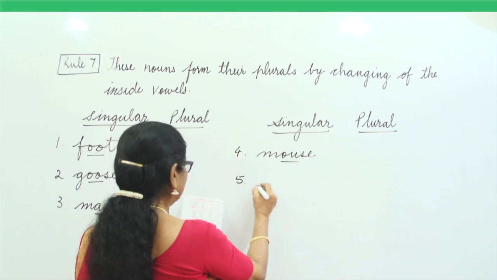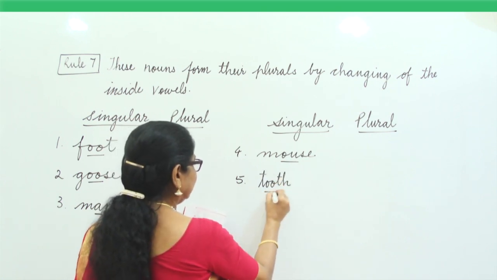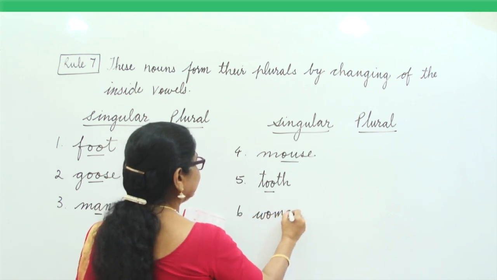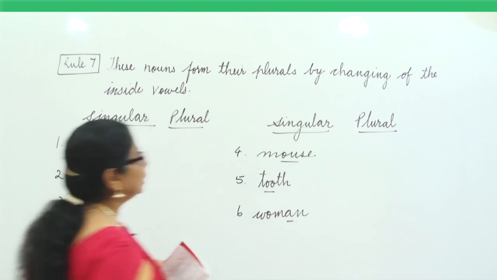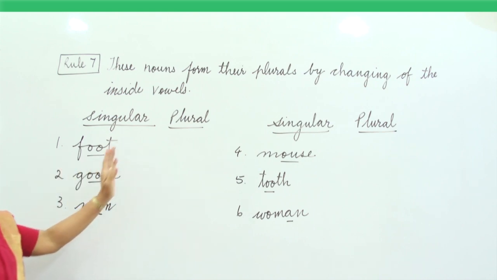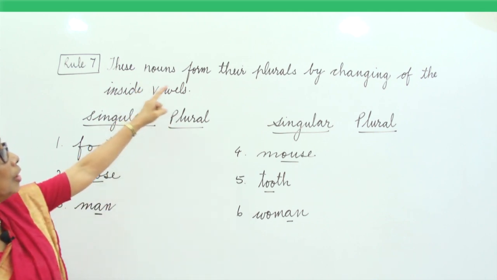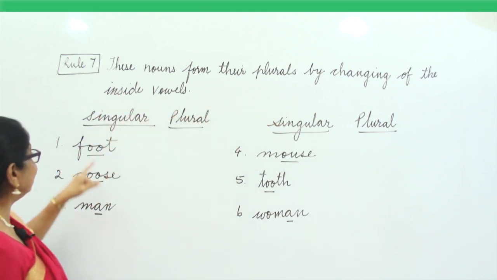Then tooth. And finally, we have woman. Okay? Now, look at what rule number 7 says: these nouns, foot, goose, man, mouse, tooth and woman, form their plural by changing the inside vowels.